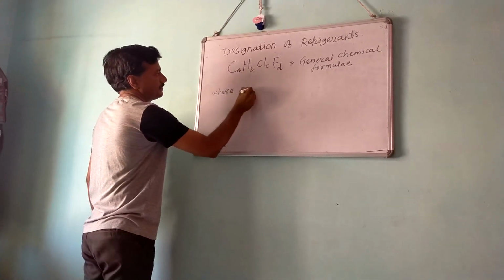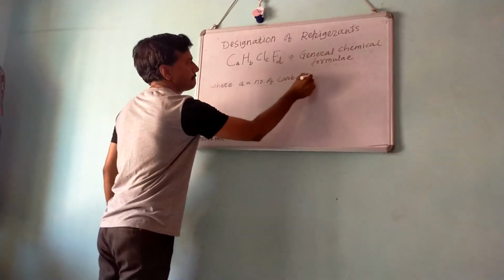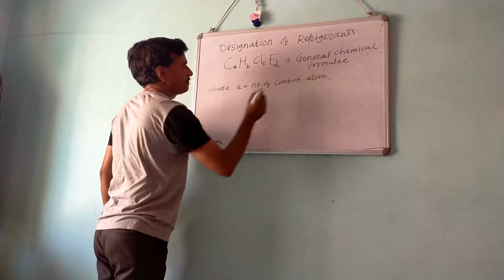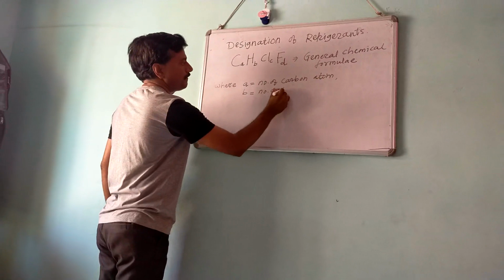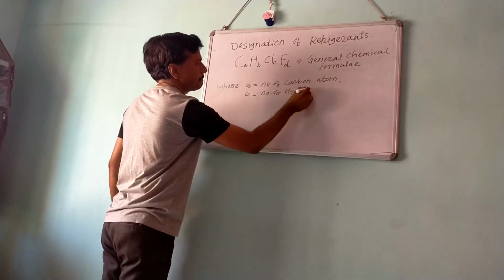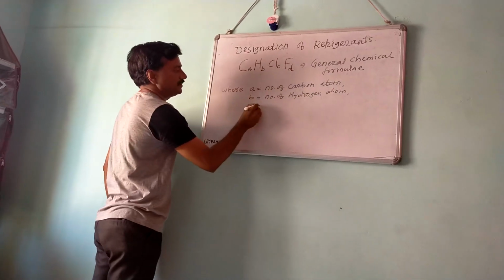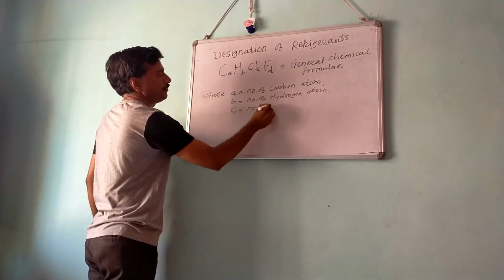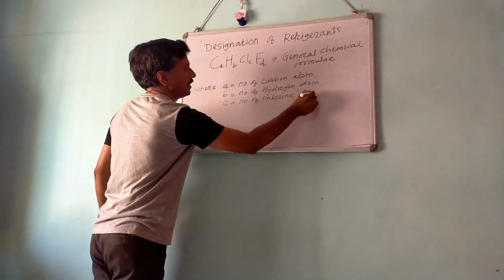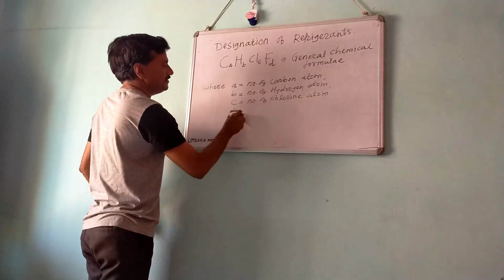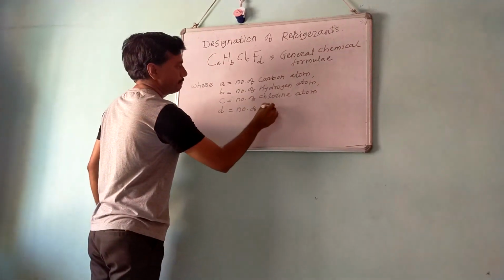Here a is the number of carbon atoms, b represents the number of hydrogen atoms, c represents the number of chlorine atoms, and d represents the number of fluorine atoms.